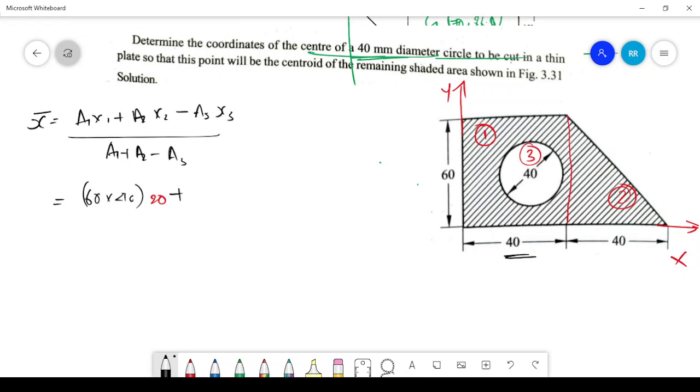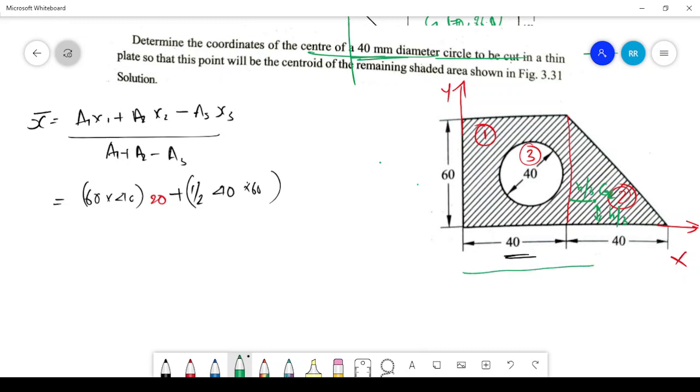Plus A2. A2 means the second area, which is the triangle as per my consideration. So half BH, half into 40 into 60. This is the area of the triangle, and the x distance of the centroid of the triangle. If this is the centroid of the triangle, I know that this value will be h by 3 and this value will be b by 3. If b is 40, this value will be b by 3.